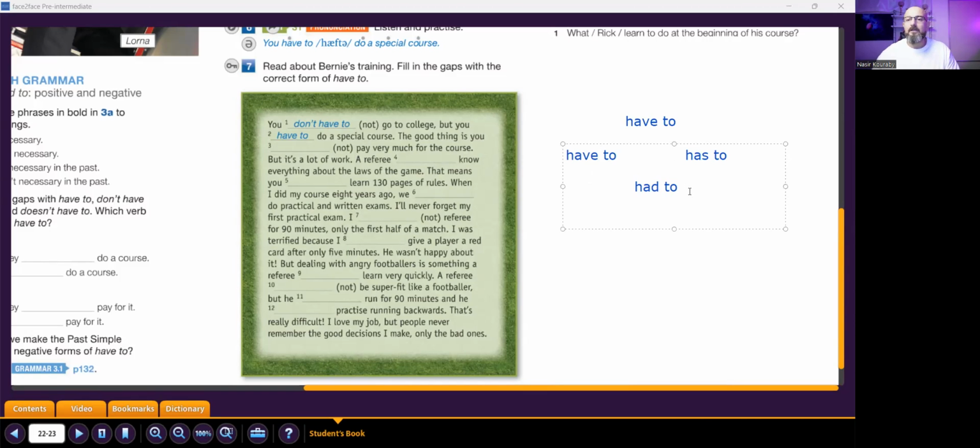Okay, what about the same but in negative? In negative, we say what? Don't have to. Okay, and doesn't and didn't.